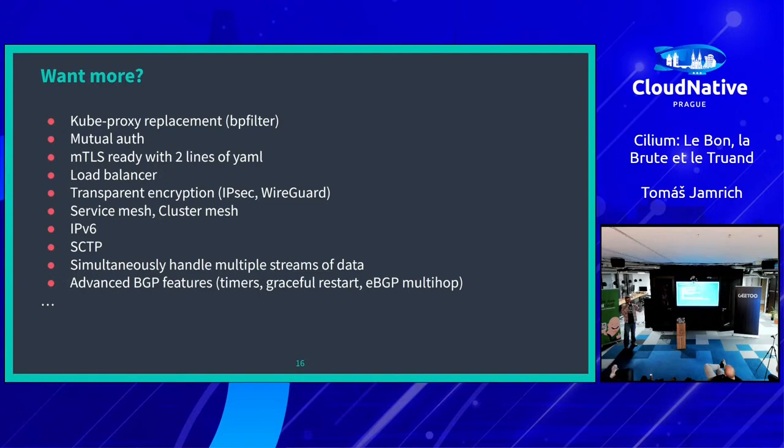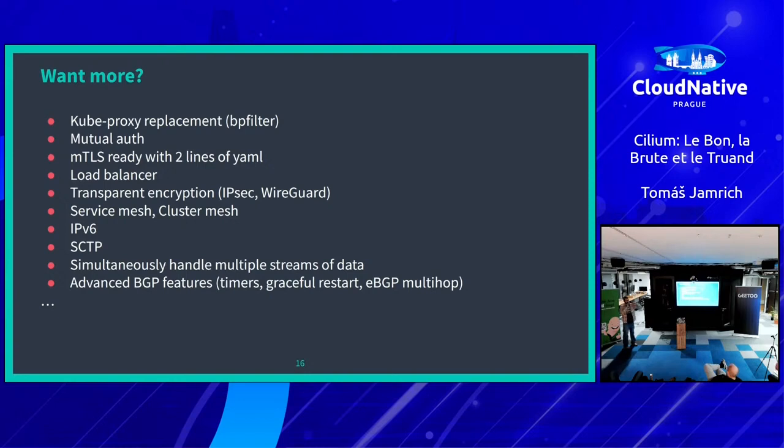When you have a huge number of network policies, they are evaluated line by line, and that's basically your bottleneck. And with eBPF, you have it in a hash map, so it's executed really fast.